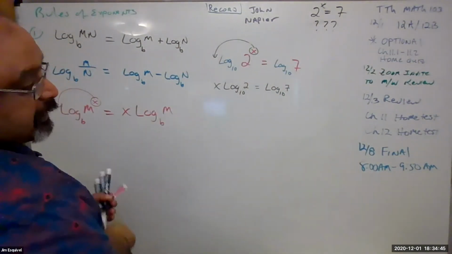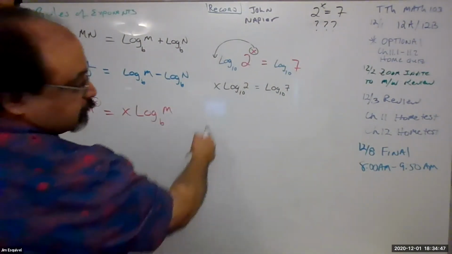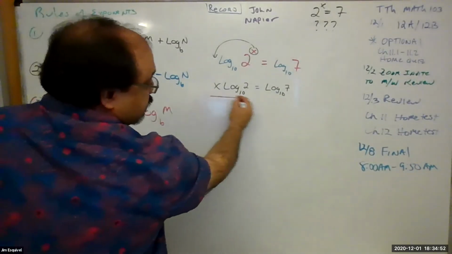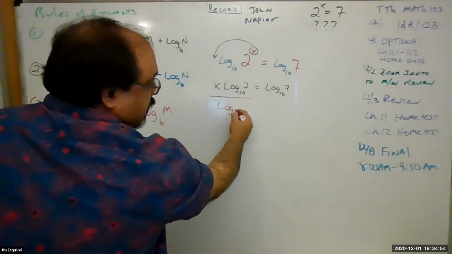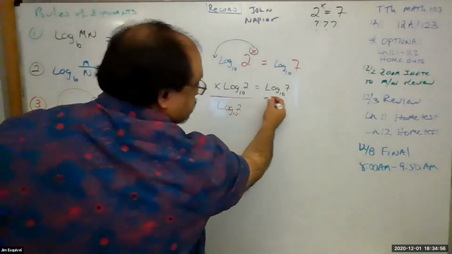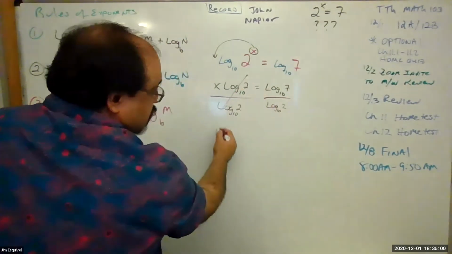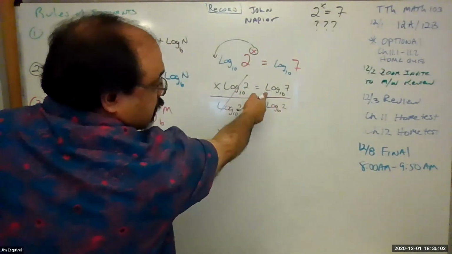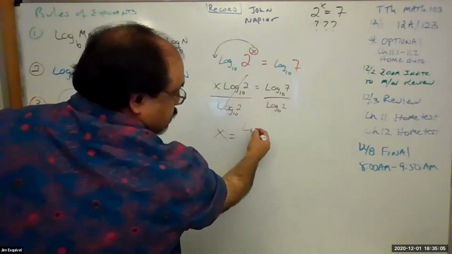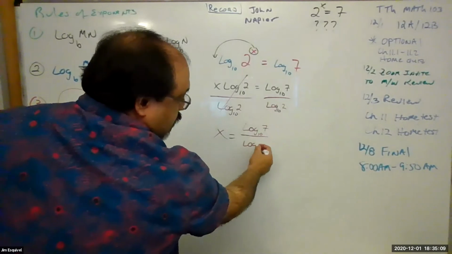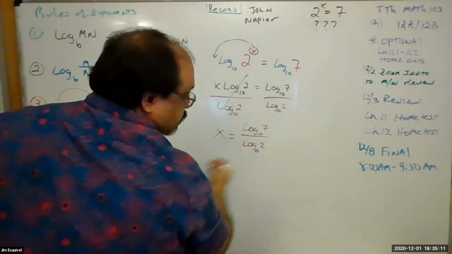Now I have a multiplication problem. Now I know how to solve for x. To solve for x, I divide both sides by log base 10 of 2. So x would equal the log base 10 of 7 divided by the log base 10 of 2.